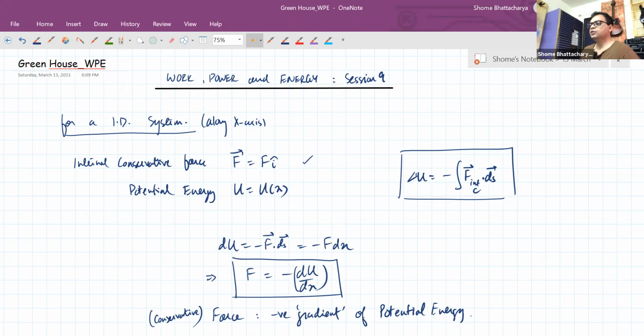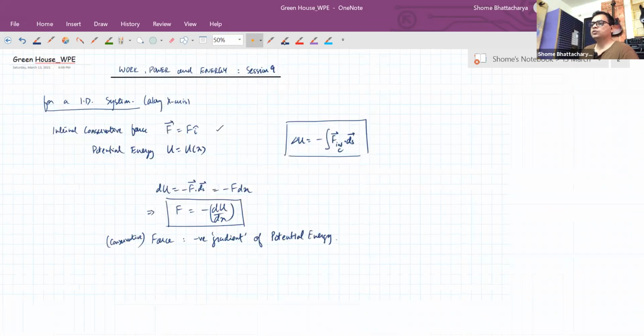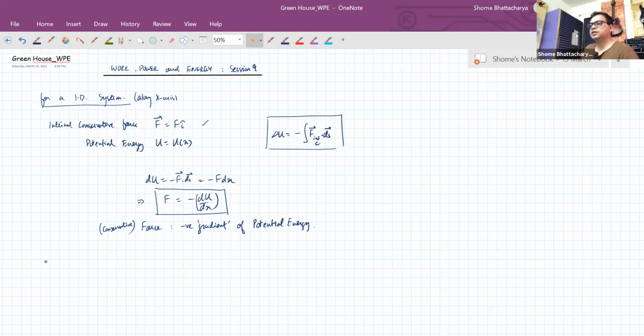And then based on this, we had also seen the equilibrium condition for a given 1D system, and also the condition for the equilibrium to be stable and unstable. Okay.